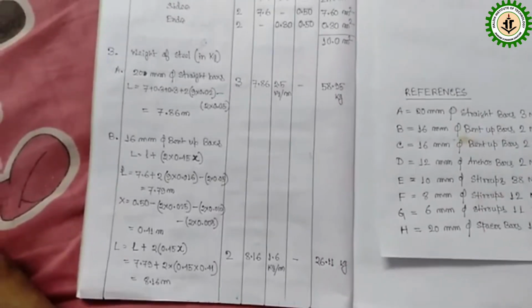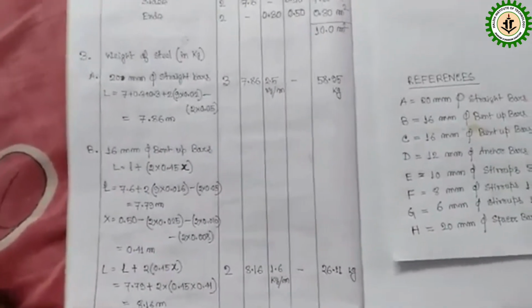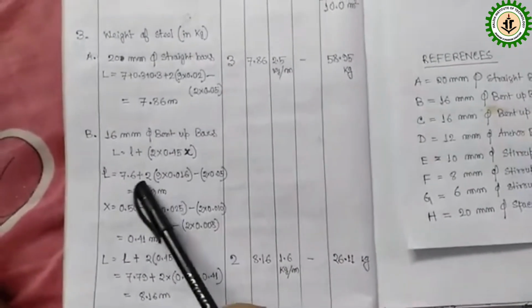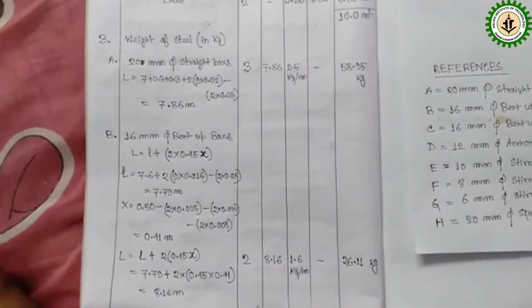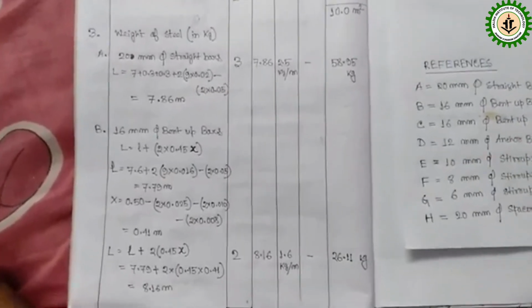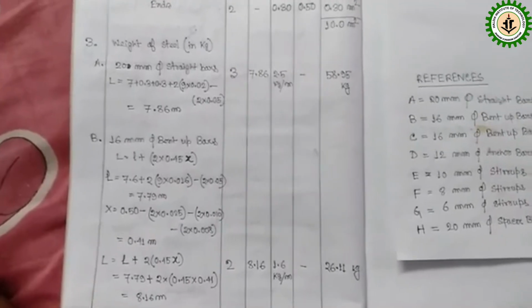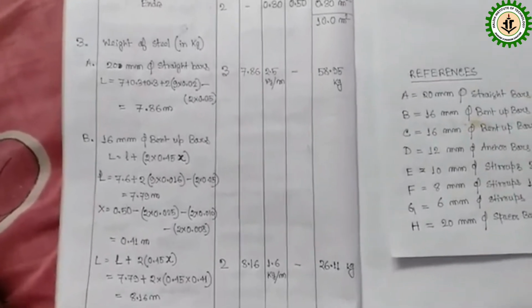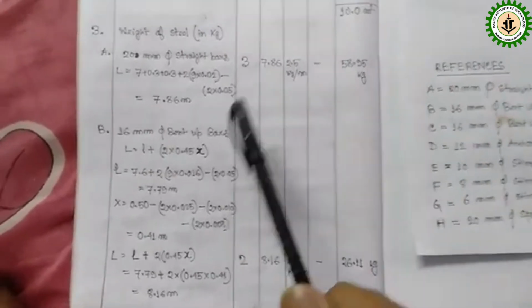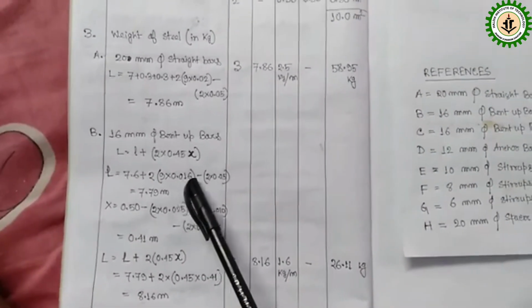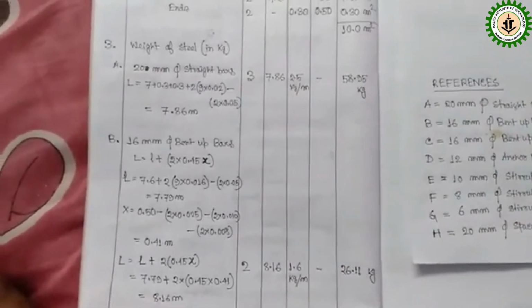So here straight length of the bent up bar will be L equal to 7.6, it means 7 plus 0.3 plus 0.3 equal to 7.6, plus 2 into 9 into D. So here D is the 16 millimeter, so 0.016 meter. So plus 2 into 9 into 0.016 minus 2 into 0.05.